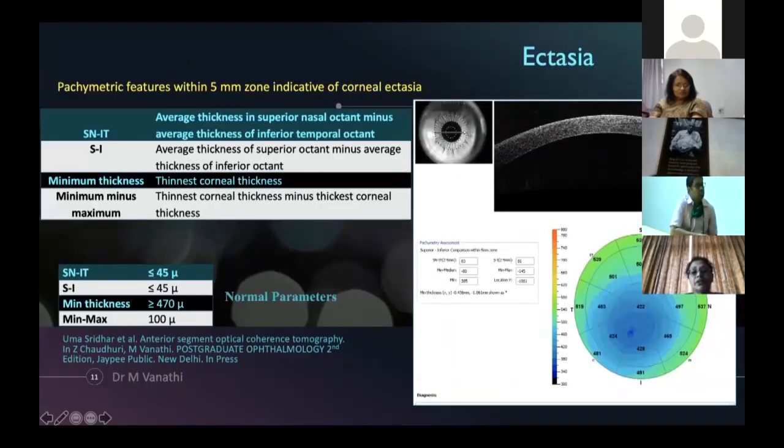When you're looking at the ASOCT to help you in ectasia diagnosis and ectasia follow-ups, this is pretty much the diagnostic criteria where you look at the pachymetry features within the 5 millimeter zone of the corneal ectasia, and you will look at the superior supranasal infratemporal disparity, the superior inferior disparity, the minimal thickness, and the minimal maximal difference here.